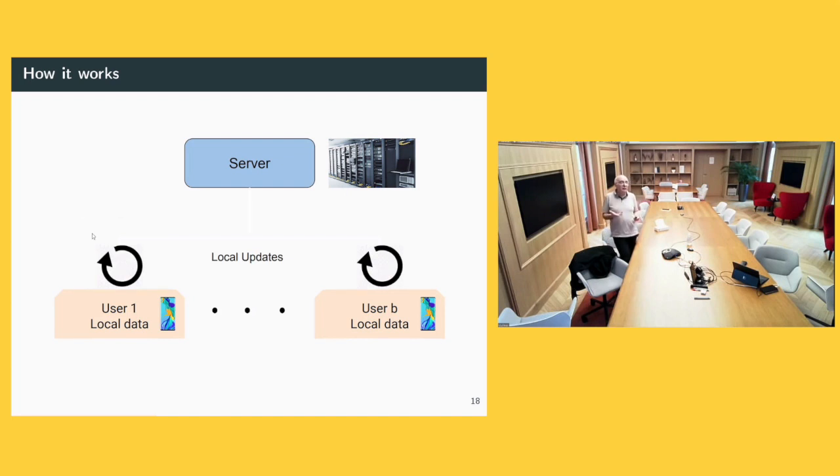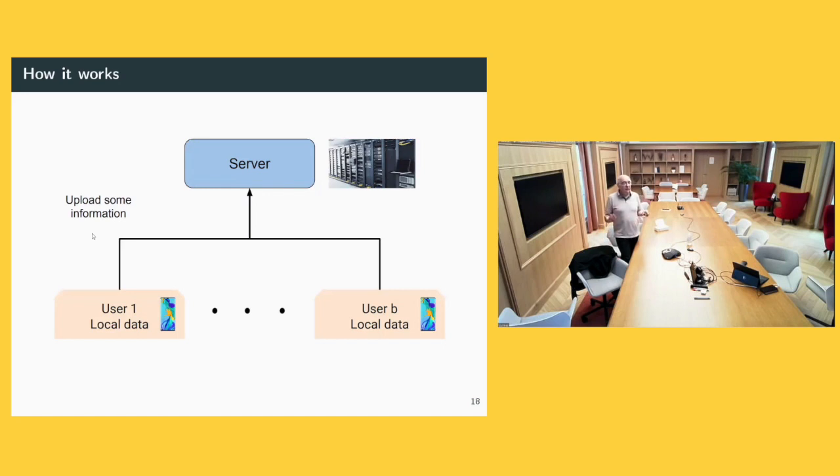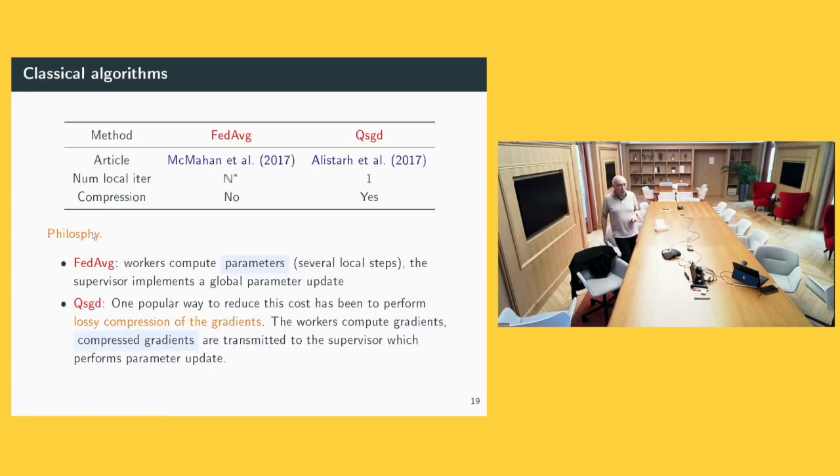What makes the difference between the different federated learning algorithms is that the way the local processing is carried out can be different. At the end of the local processing, on the uplink, the users send back the result of their processing, which can be parameters, updates of gradients, or some slightly modified quantity like that. I will explain what. Then the global authority, the server, mixes all this information and provides a new update for the parameter.